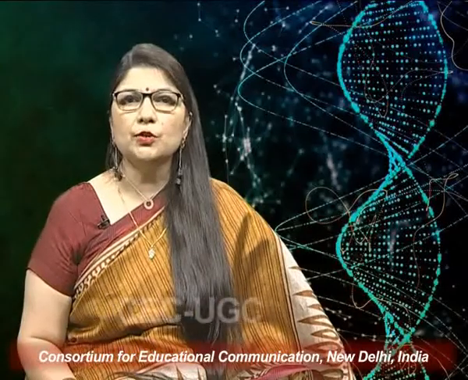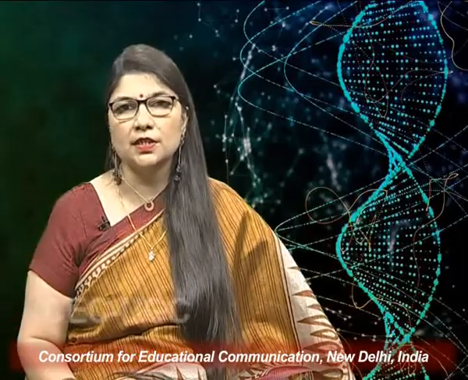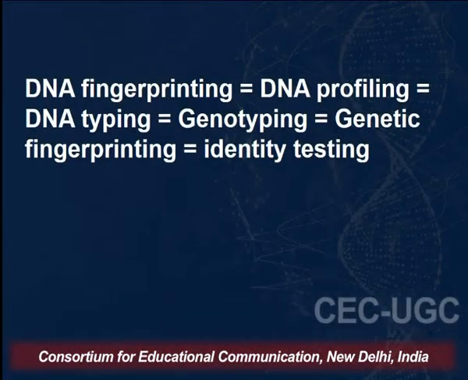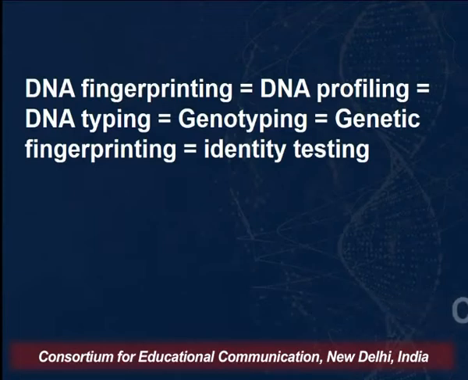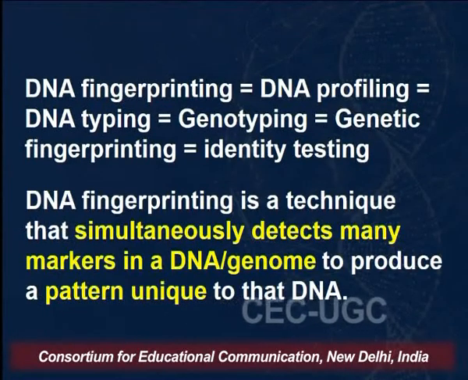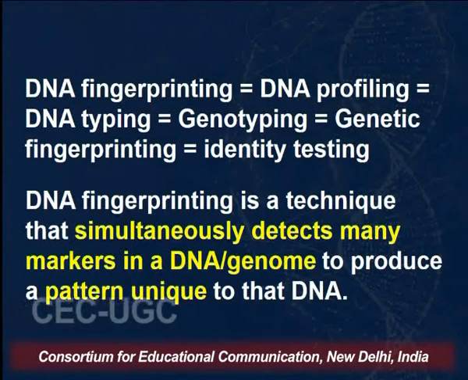Now, talking about DNA fingerprinting, we have already done multiple sessions on it, where we have seen that DNA fingerprinting is equivalent to DNA profiling, DNA typing, genotyping, genetic fingerprinting, as well as identity testing. These are synonymous terms, and it is a technique that simultaneously detects many markers in a DNA genome to produce a pattern unique to that DNA.